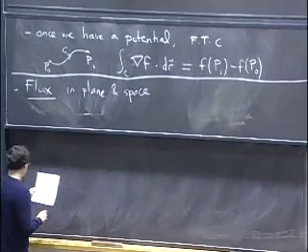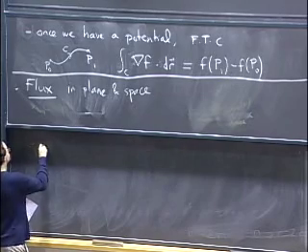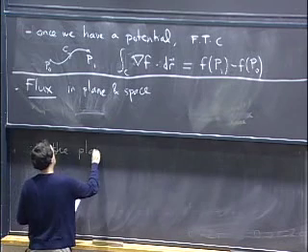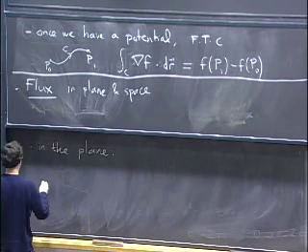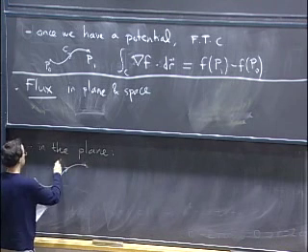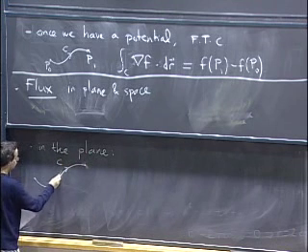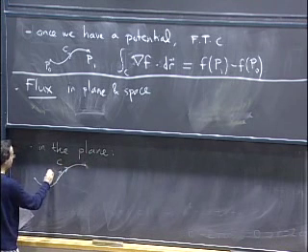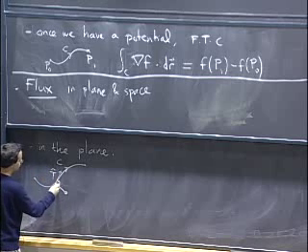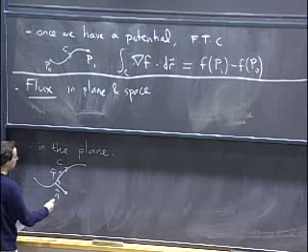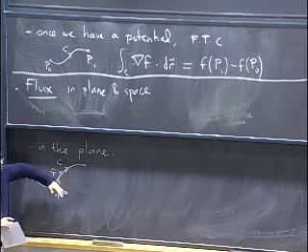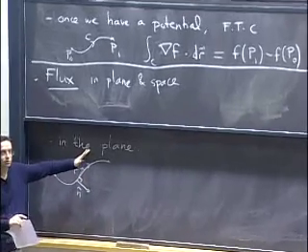So, in the plane, the way we do it is we have a curve, C, and we look at its tangent vector, let's call that T, and we rotate it by 90 degrees clockwise. That's our convention to get a unit normal vector that points to the right of the curve as we move along the curve.